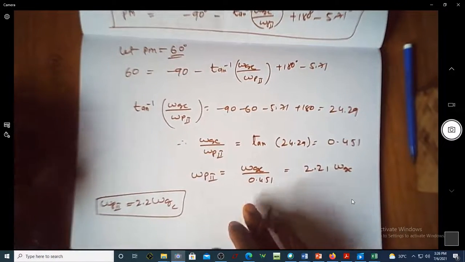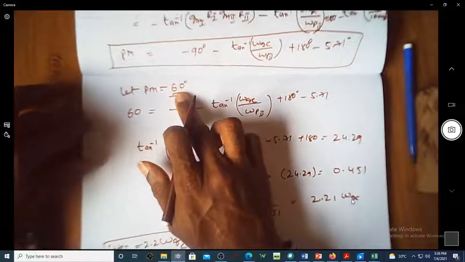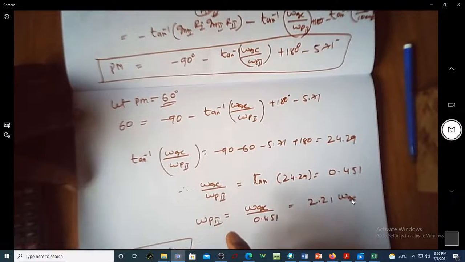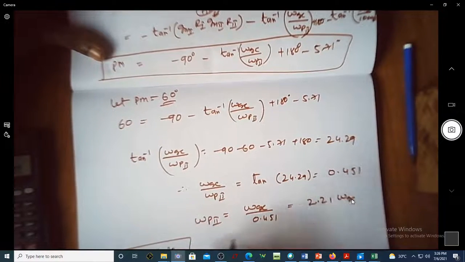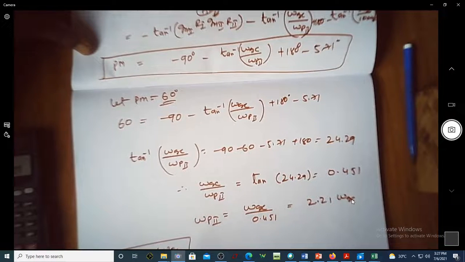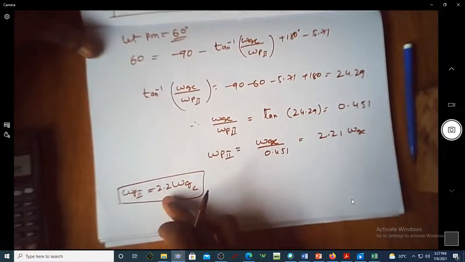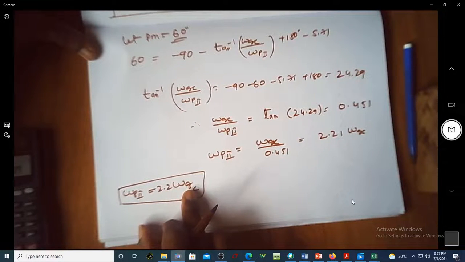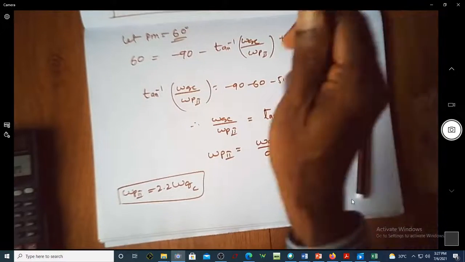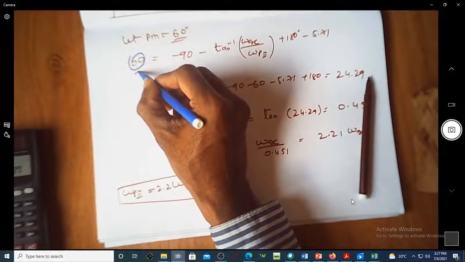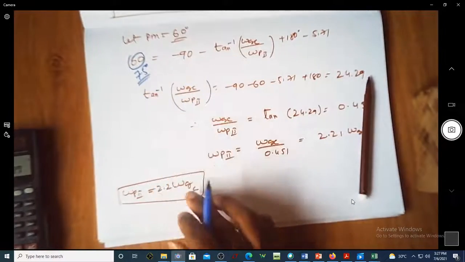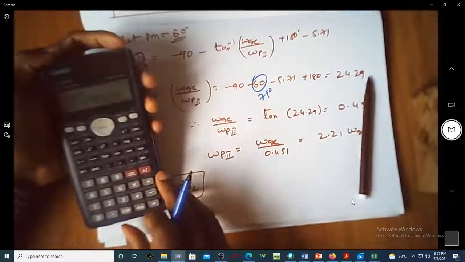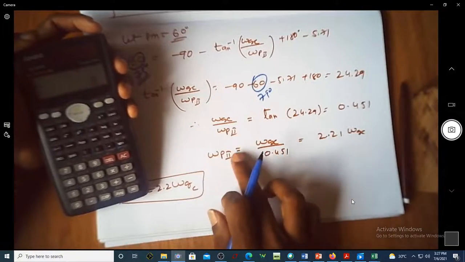That means if you want to have a phase margin of 60 degrees for a given second order system, or for the two-stage opamp, I should locate the second pole at 2.2 times omega gc. Assume that instead of 60 degrees, you want to have a 75 degree phase margin. Then let me find out the location of omega p2.